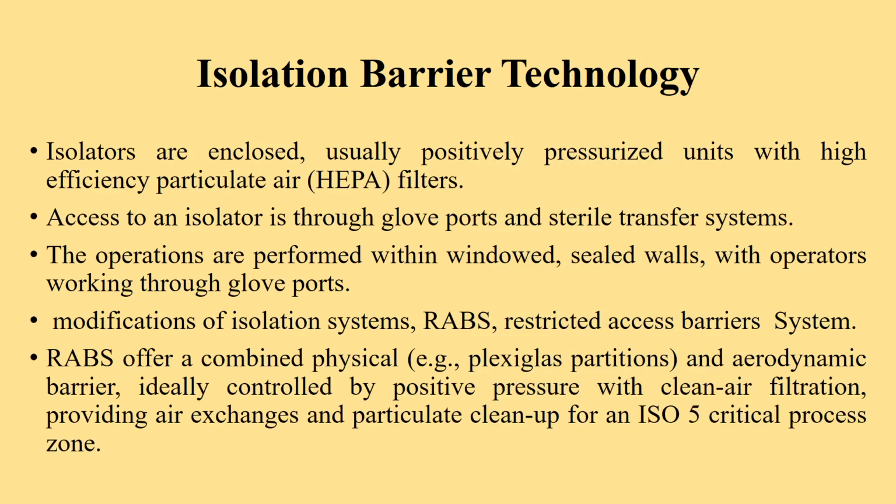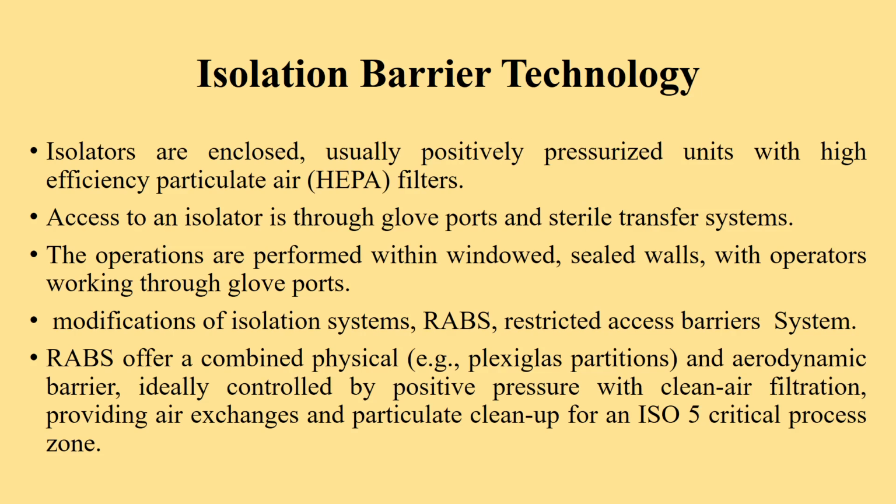Next is isolation barrier technology. Isolators are enclosed, usually positively pressurized units with high efficiency particulate air filters. Access to an isolator is through glove ports and a sterile transport system. The operations are performed within the sealed walls, with operators working through the glove ports. A modification of the isolation system is the restricted access barrier system.